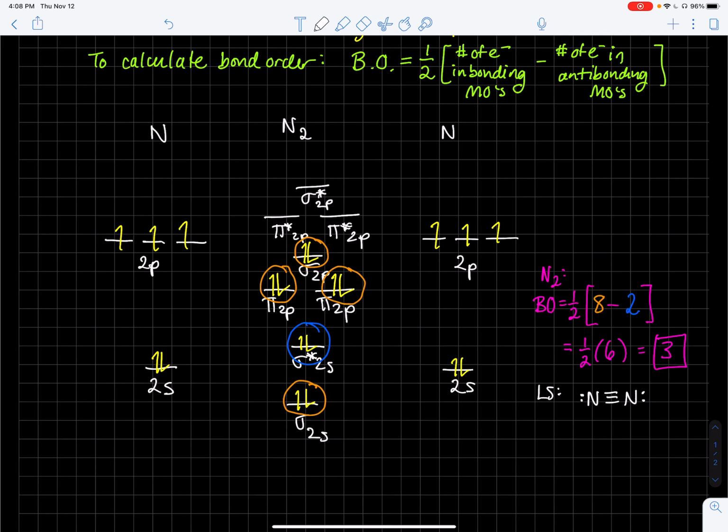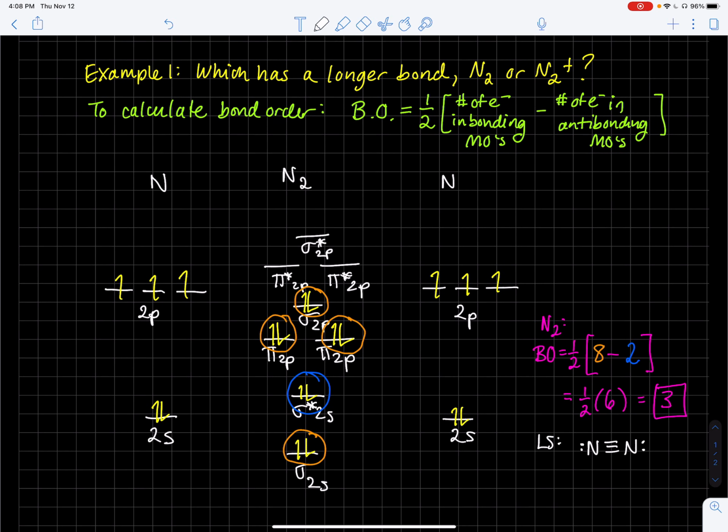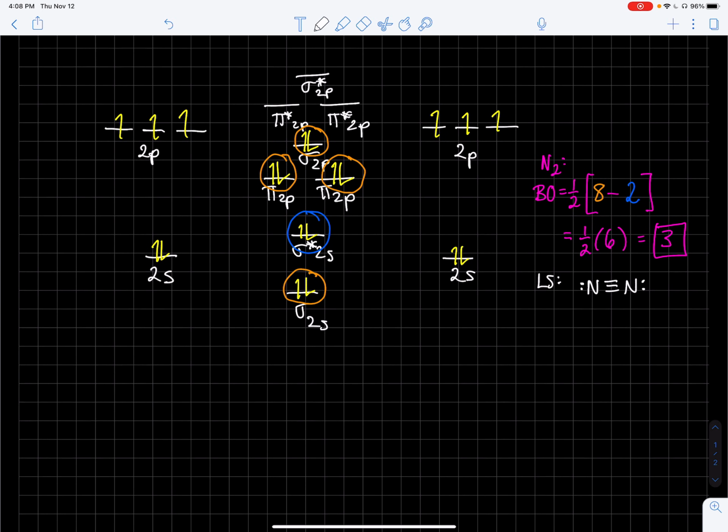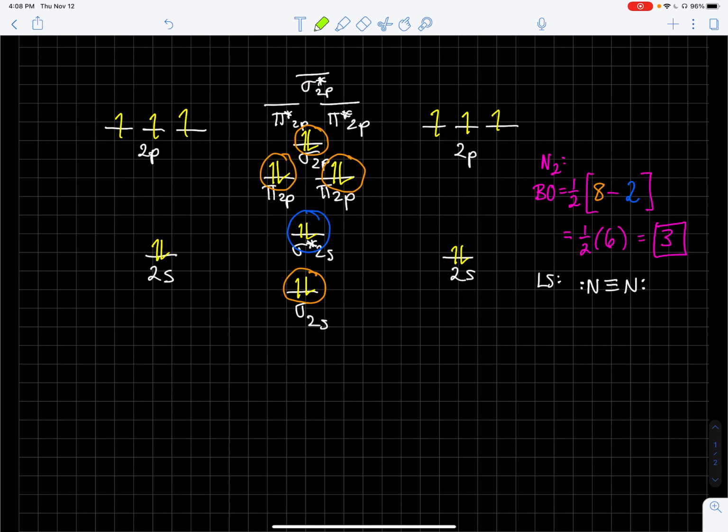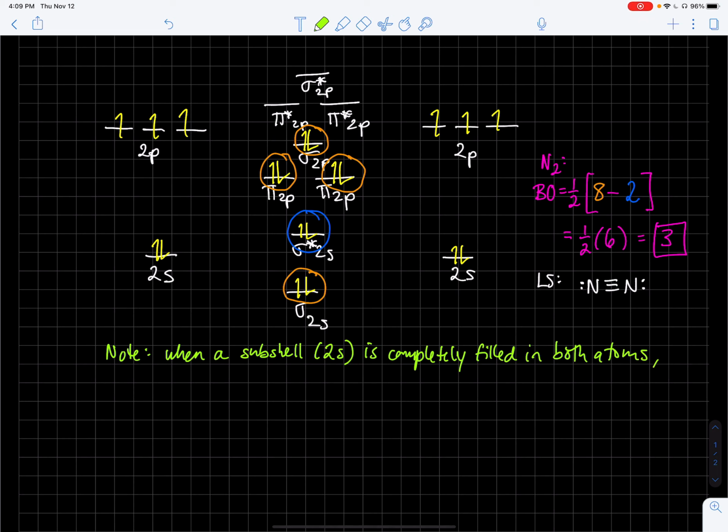Okay, excellent. So before I move on and compare to N2 plus, I just want to note something: when a subshell, and this is particularly relevant to the 2s, is completely filled in both atoms, the MOs derived from that subshell don't contribute to the bond order.